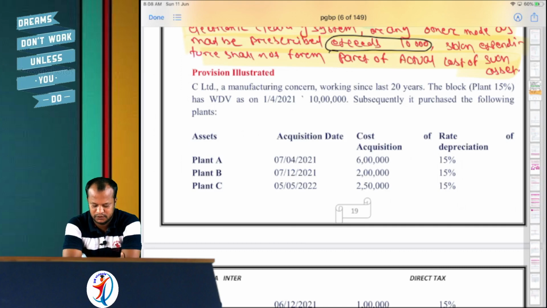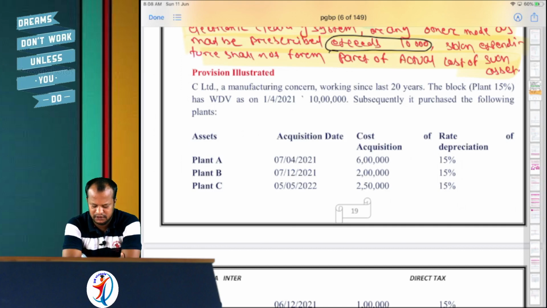Now we will discuss some practical problems of additional depreciation, capital gain in case of sale or transfer of a depreciable asset. So kindly read the illustration.